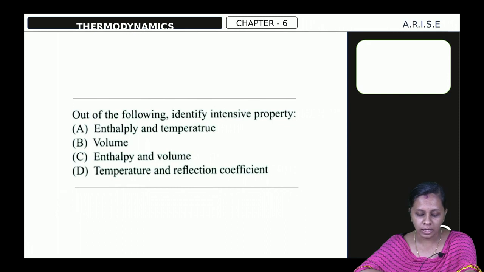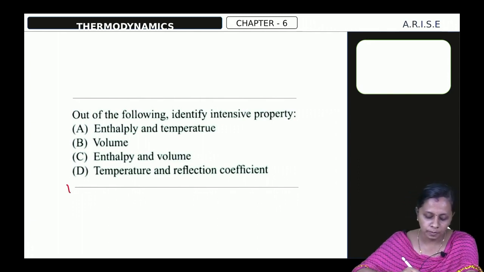Option B, volume, depends on the amount of substance, so that is an extensive property. Option C, enthalpy and volume, both are extensive. Option D, temperature and refractive index, do not depend on the amount of substance. So it is option D.